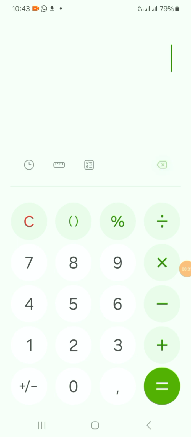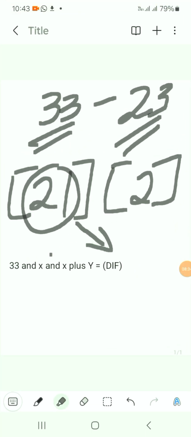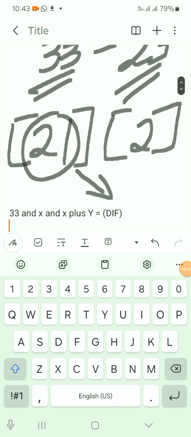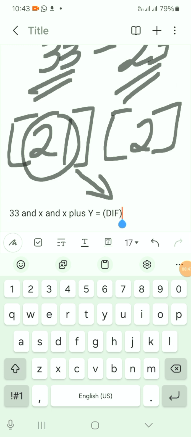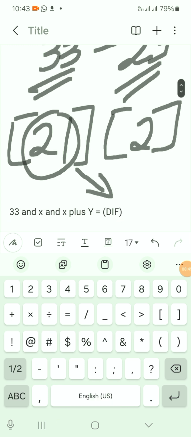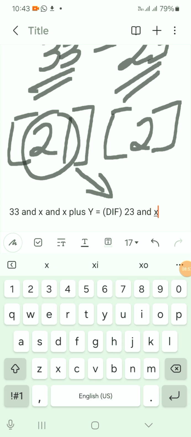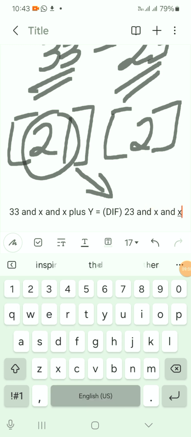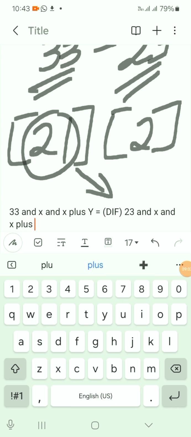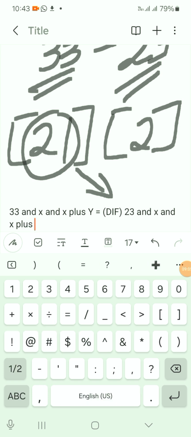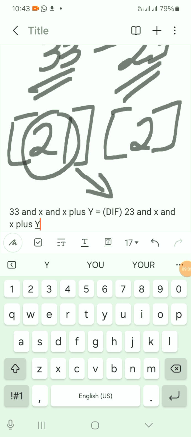Now we go back again and we derive the second one. We're going to derive the second formula now, on 23 this time. We are going to say now 23 and x plus y, right?